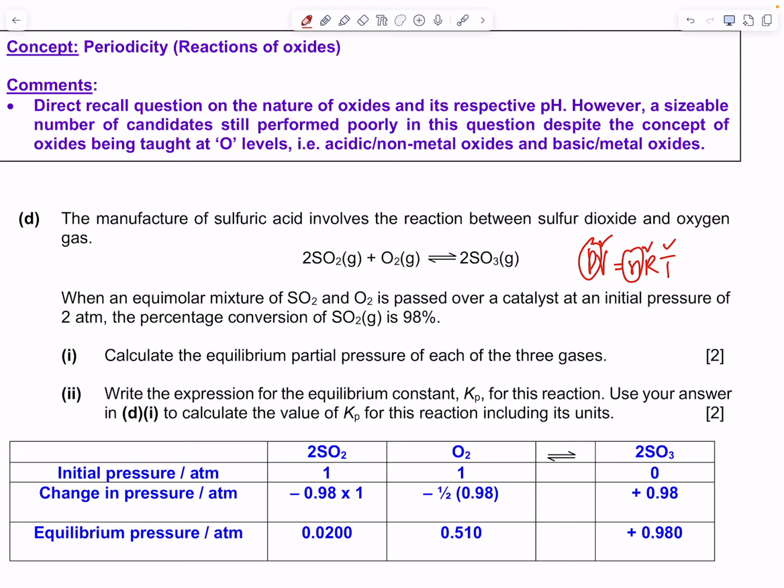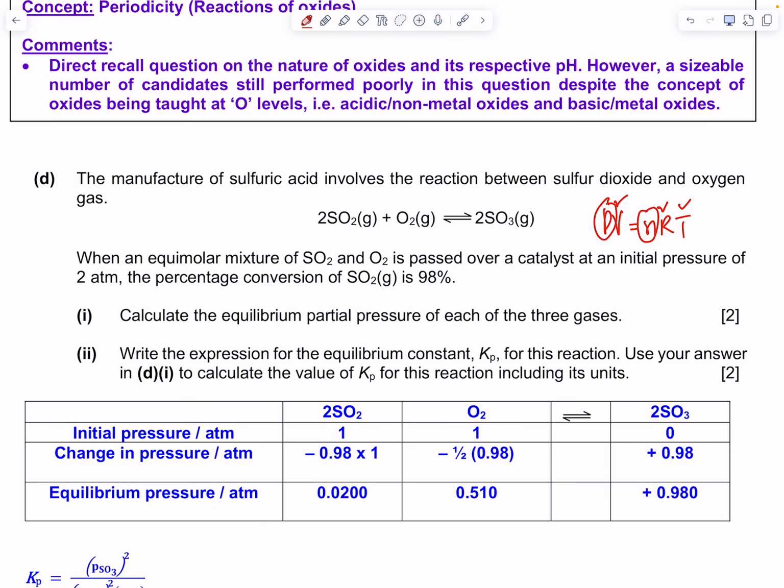Correct? So when they say equimolar, it's basically equipressure. Why? Because pressure and number of moles are directly proportional in conditions where volume and temperature are constant. Okay?